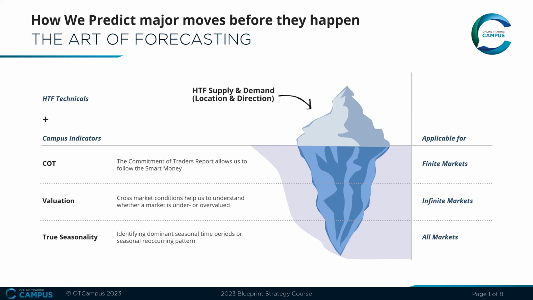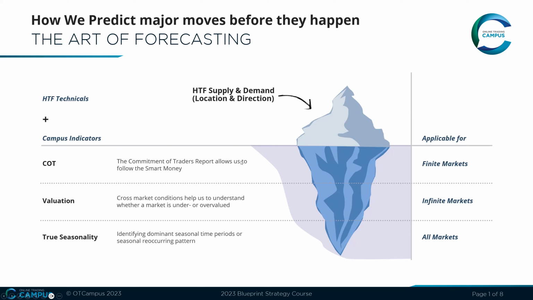What true seasonality is going to do is identify favorable seasonal time periods or seasonal reoccurring patterns that we can identify with the help of our indicator, and that we can then leverage most of the time if one of those primary setups is in place.